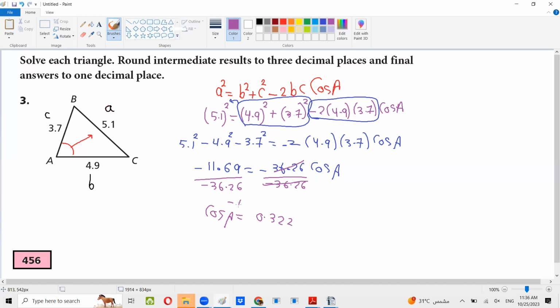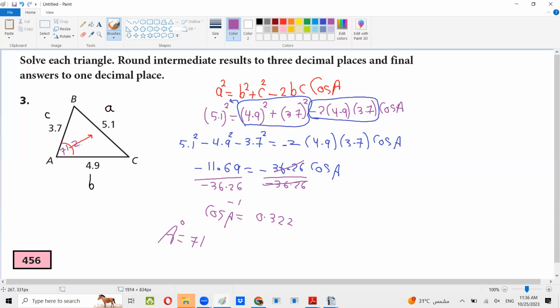Angle A is 71.21. I will write it with two decimal places, 71.2. Okay, I found an angle.